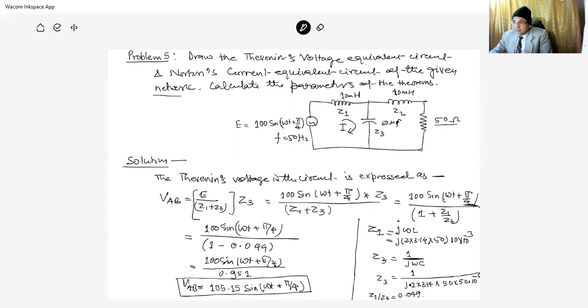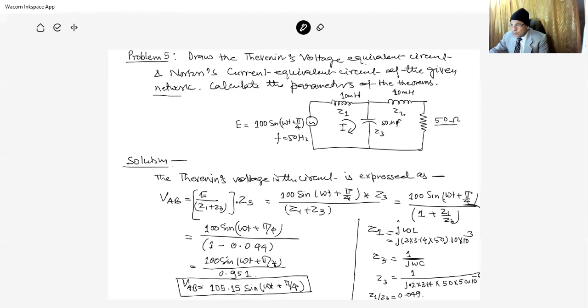Solution. The Thevenin's voltage in the circuit is expressed as VAB is E upon Z1 plus Z3 into Z3. So E is 100 sine omega t plus pi by 4, and Z3 cancels, giving 100 sine omega t plus pi by 4 upon 1 plus Z1 by Z3.